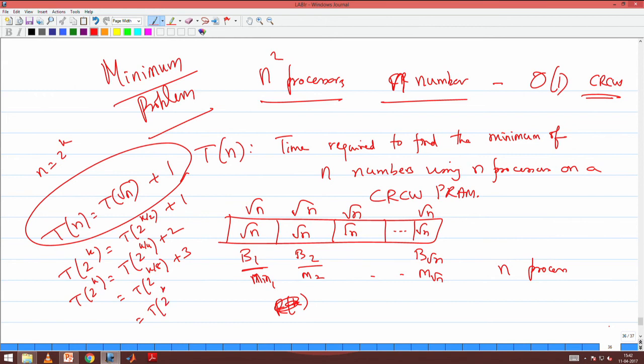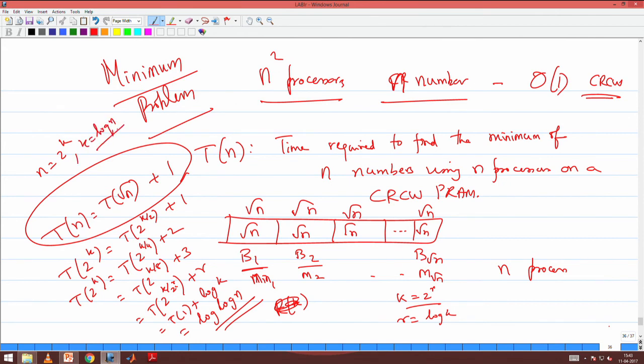In general it is T(2^(k/2^r)) plus r, and it will stop when k/2^r equals 1, or r equals log k. When r equals log k, this will be T(1) plus log k. And what is k? k is log n, right? N equal to 2 power k means k is log n, so this will give you a log log n algorithm.